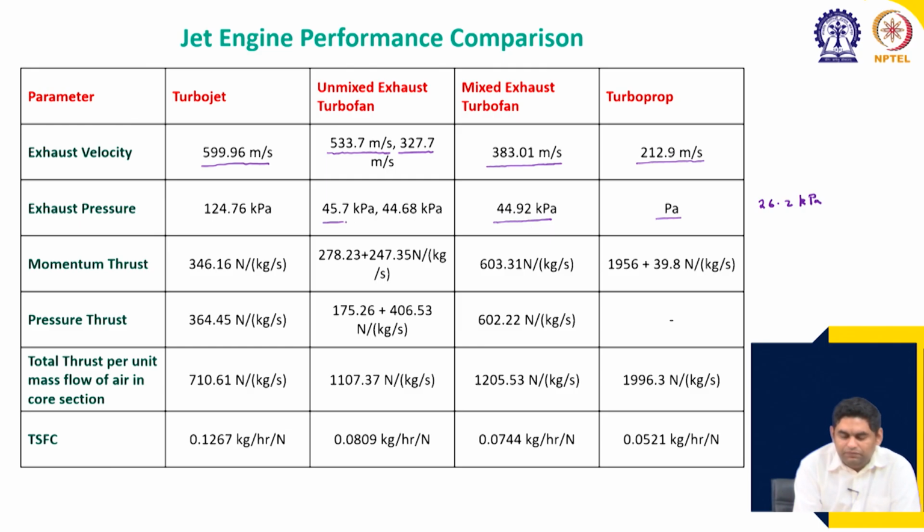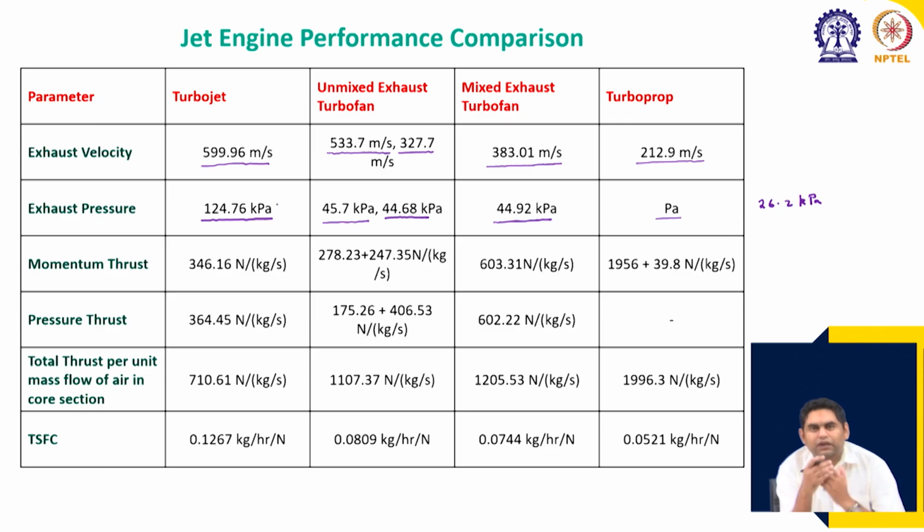For the unmixed type, for the core section we have 45.7, which is slightly higher than this 44.92, and for the bypass section it is slightly lower than this 44.92, this is 44.68 kPa. Both are near to each other, but on two sides of this mixed exhaust value. For the turbojet on the other hand, we have a very large value, very high pressure, because we are unable to utilize the entire energy that was present by having a conversion nozzle.